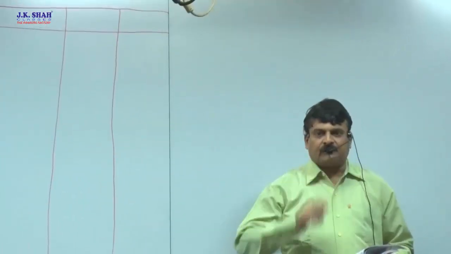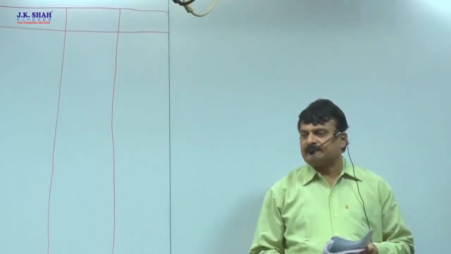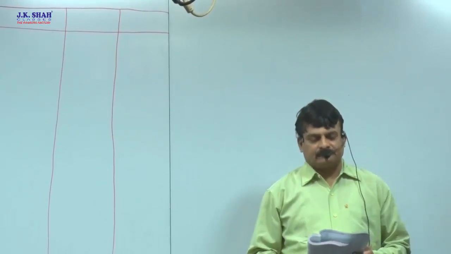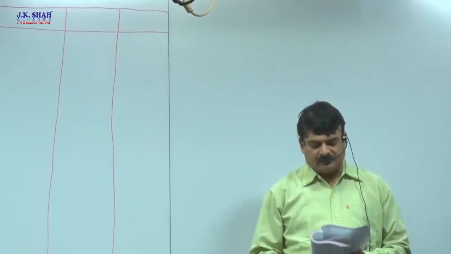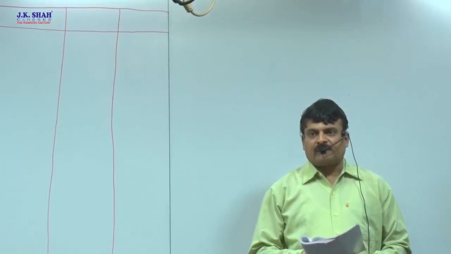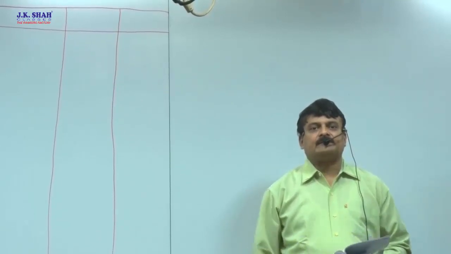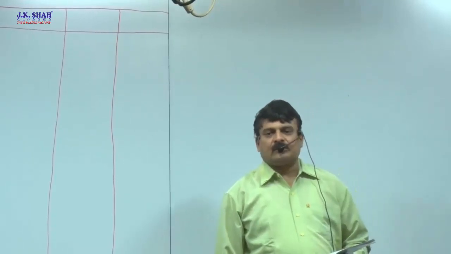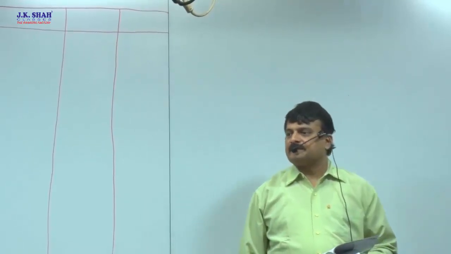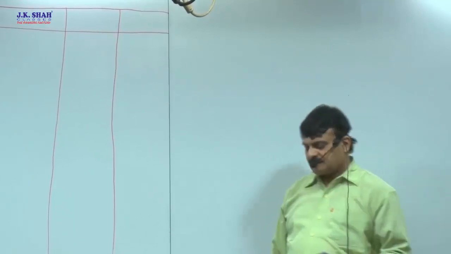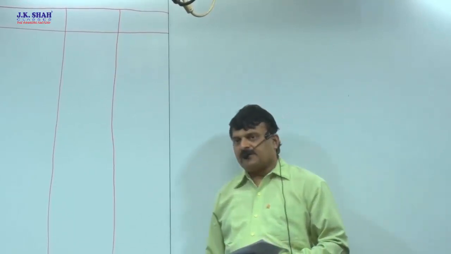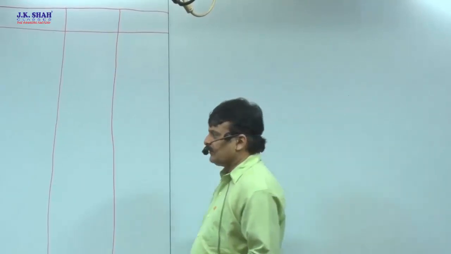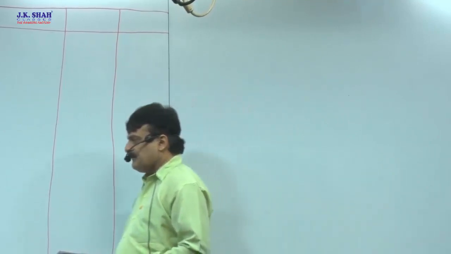Second head is current assets. A, current investments. B, inventories. C, trade receivables.